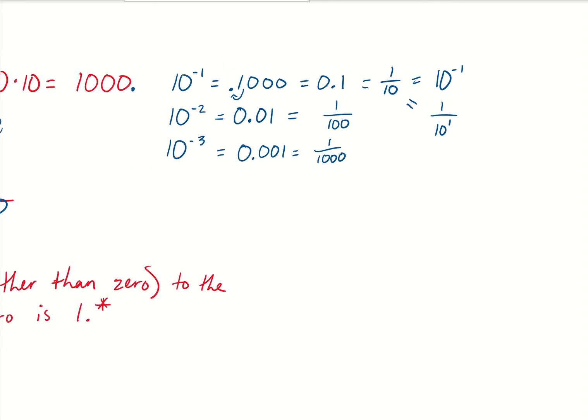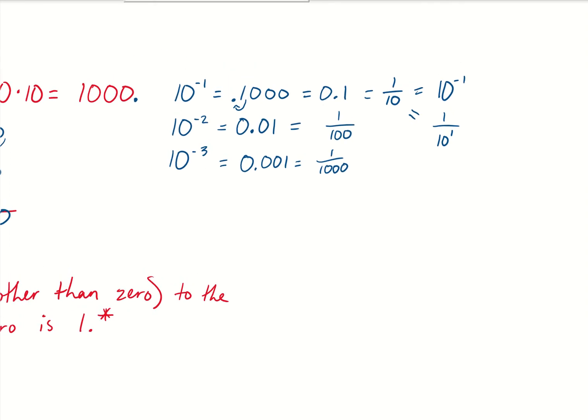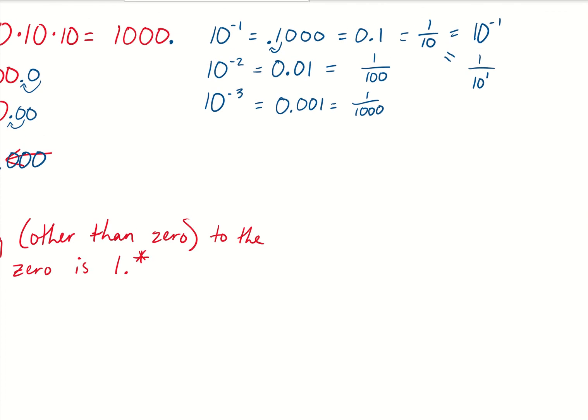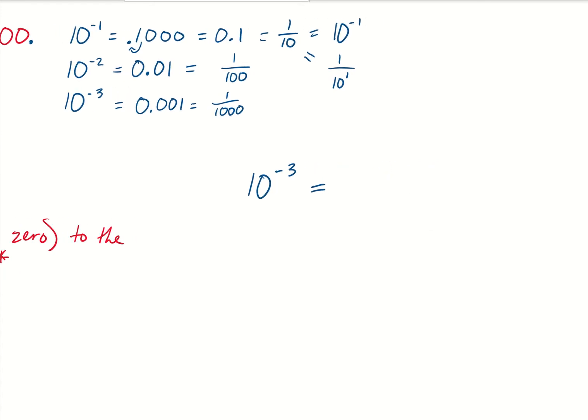What that tells us with our negative exponents is that we can flip them to the opposite side of the fraction. So if we turn this into a fraction, we have 10 to the negative 3 over 1. Since it's to the negative 3, we can flip it. That moves down to the bottom.